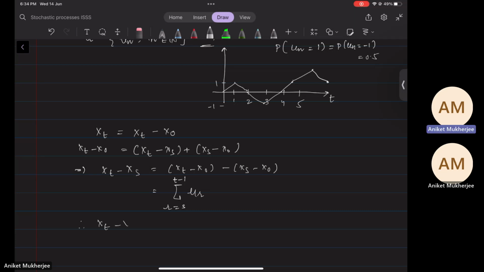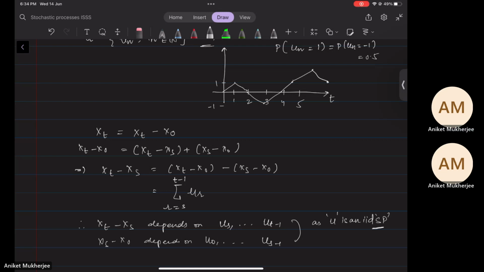Therefore, X_t minus X_s depends on U_s to U_{t-1}, whereas X_s minus X_0 depends on U_0 to U_{s-1}. As U is an IID stochastic process, these both are independent.